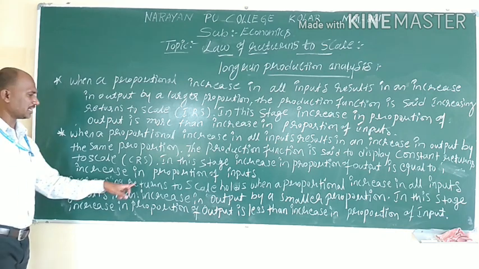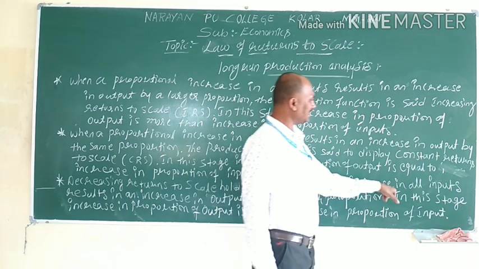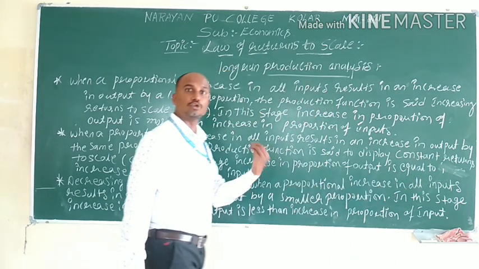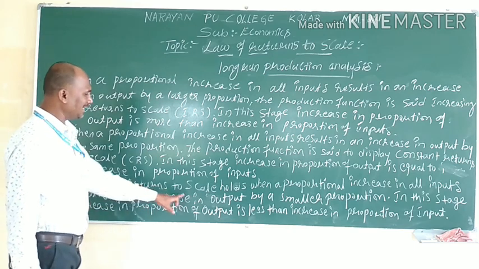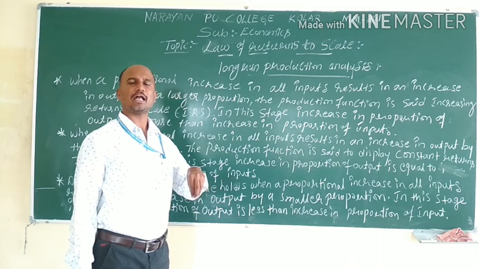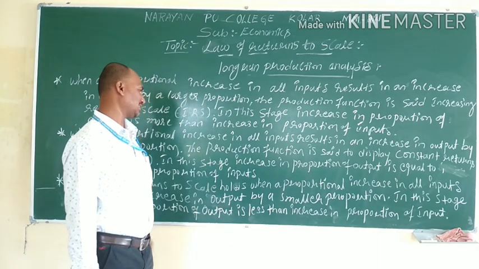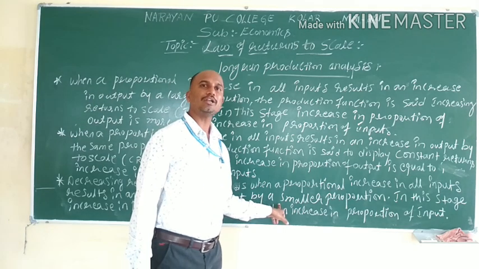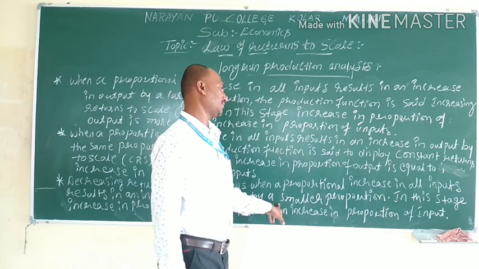Third, decreasing returns to scale. Here, a proportional increase in all the inputs results in an increase in the output. Under diminishing returns to scale also, the inputs increase and output also increases, but output increases by a smaller proportion.